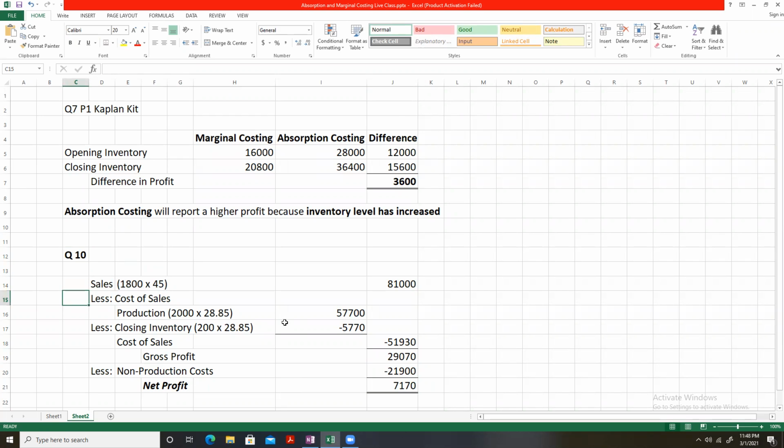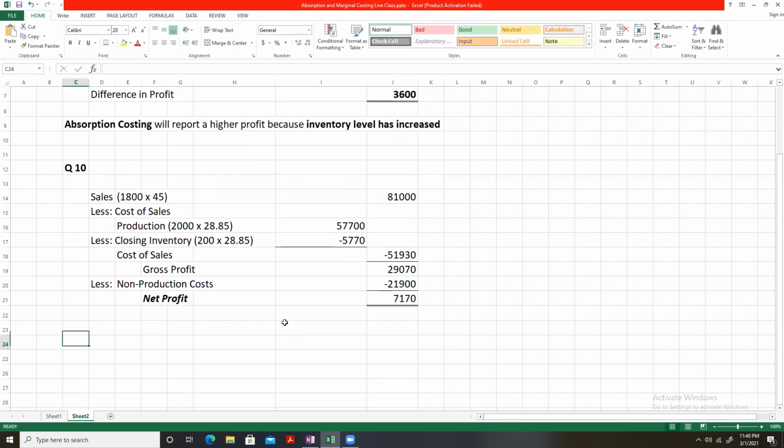Okay, then. So this is how we calculate profit under absorption costing. Is there anything that you need to ask till this point? Anything that is causing trouble, that you are finding difficult? Please let me know.